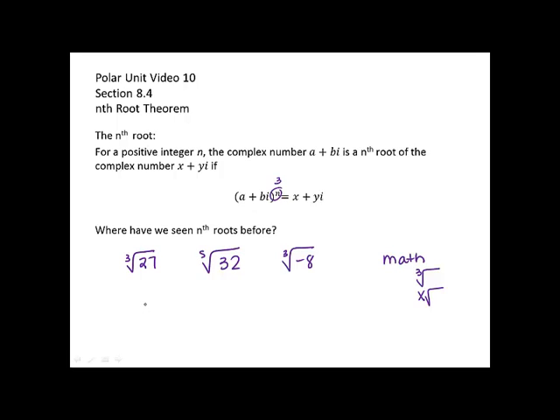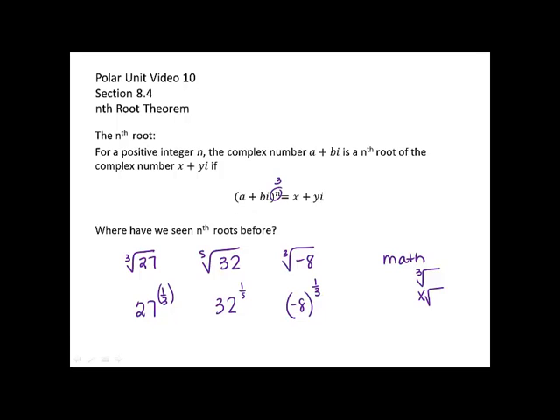You may also enter them using exponents. This is 27 to the 1/3 power. If you choose to enter it into your calculator this way, you'll need to use parentheses around your exponent, so after the caret. Here, this is 32 to the 1/5 power, and this one's -8. You must use parentheses to the 1/3 power.